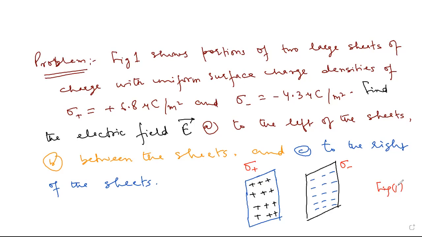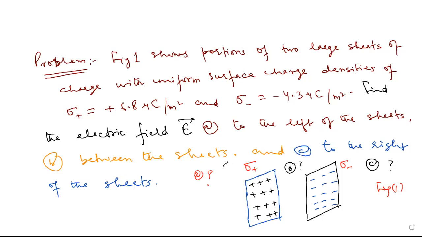Find the electric field. Part A to the left of the sheets, part B between the sheets, and part C to the right of the sheets. So we have to find the electric field here to the left of the sheets. This is our part A. In part B, we have to find the electric field between the sheets, that is here. And in part C, to the right of the sheets, that's here.